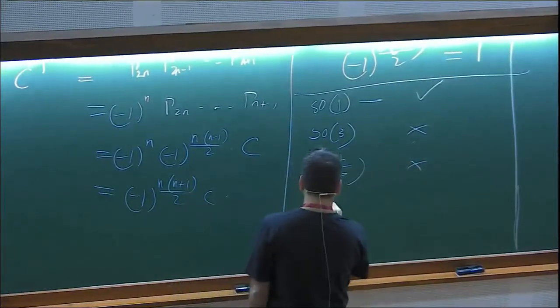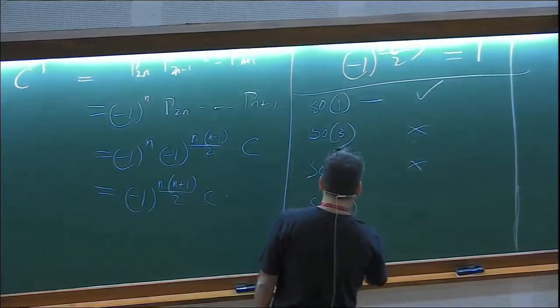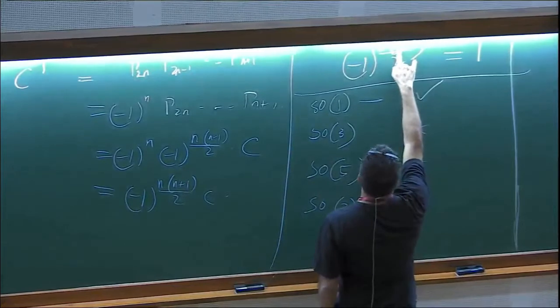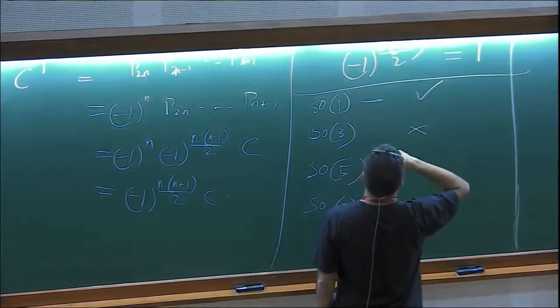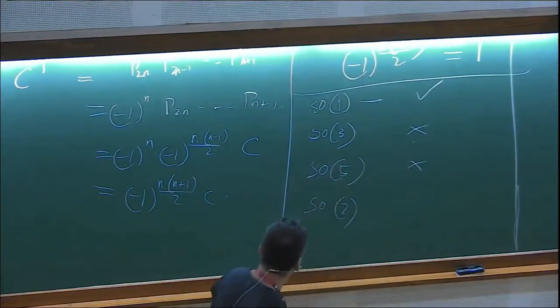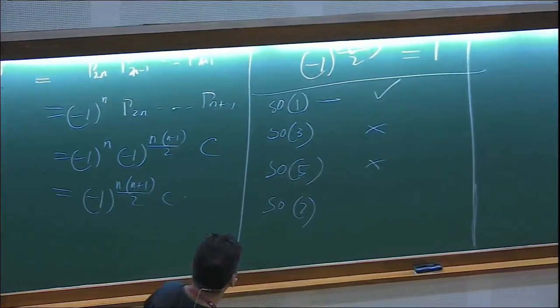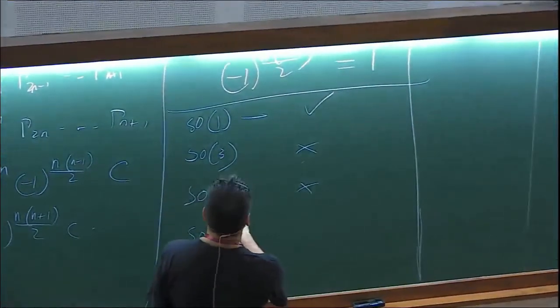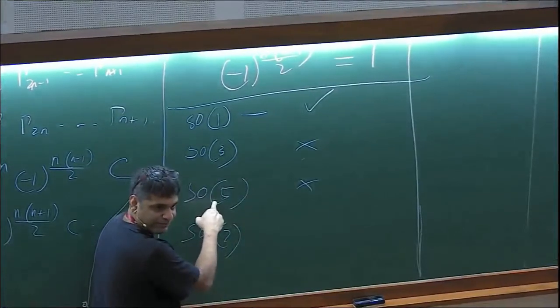Okay. SO(7), that's n equals 3. Sorry? SO(5) was n equals 2. Yeah.